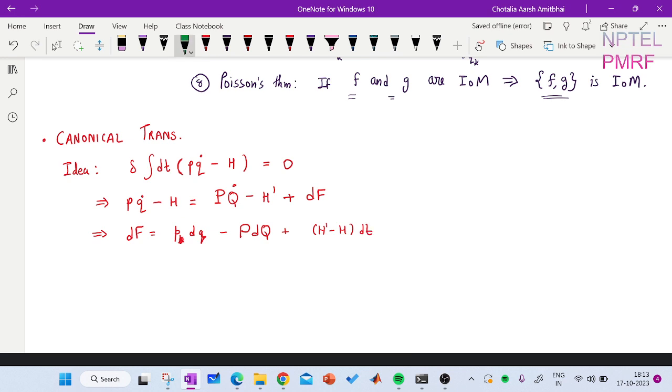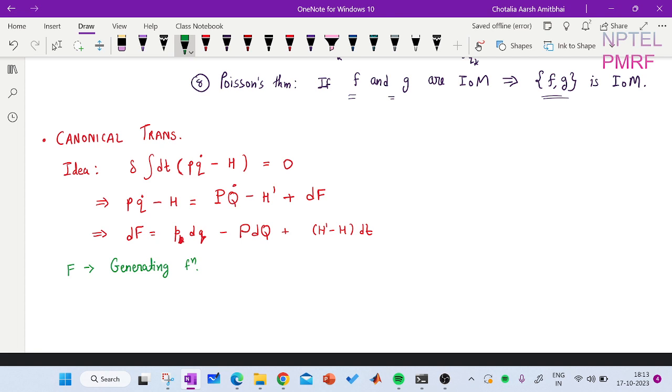So F is called the generating function. What does it generate? It generates a transformation that is canonical, and canonical transformation is such that even in the new system, after being transformed, it still respects the Hamiltonian or canonical equations.